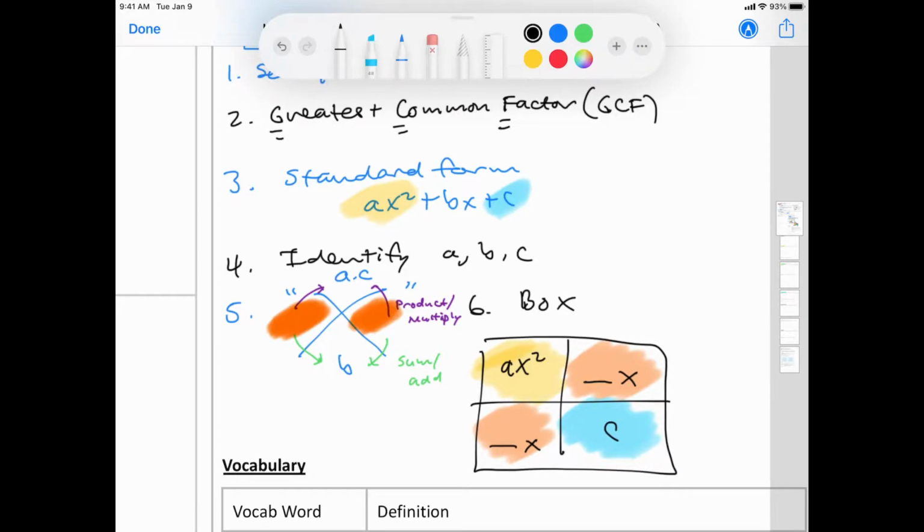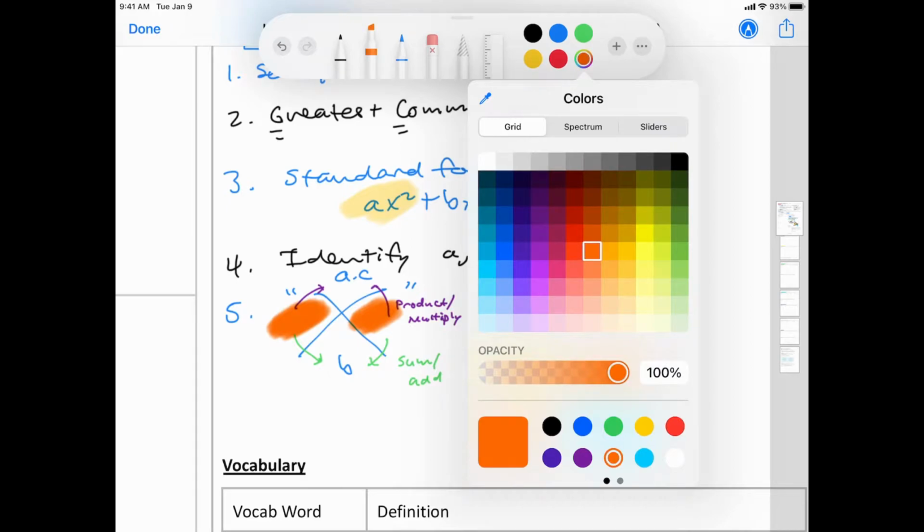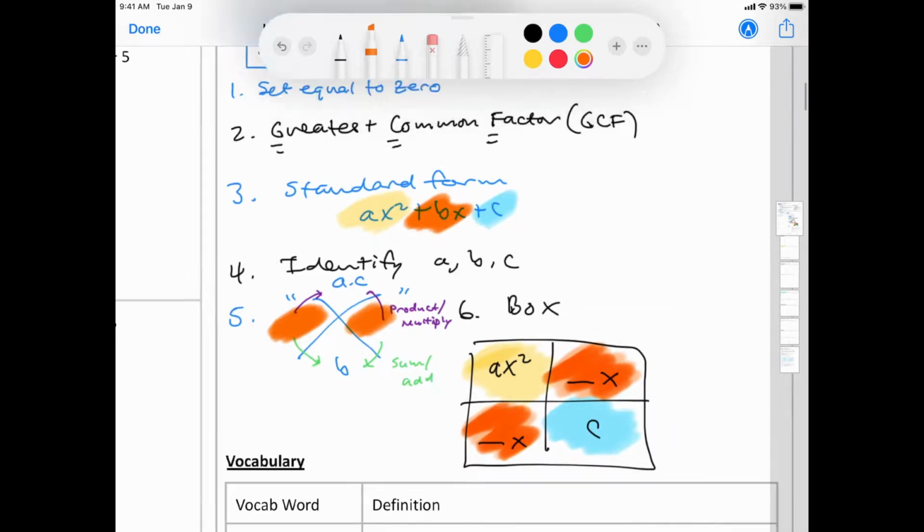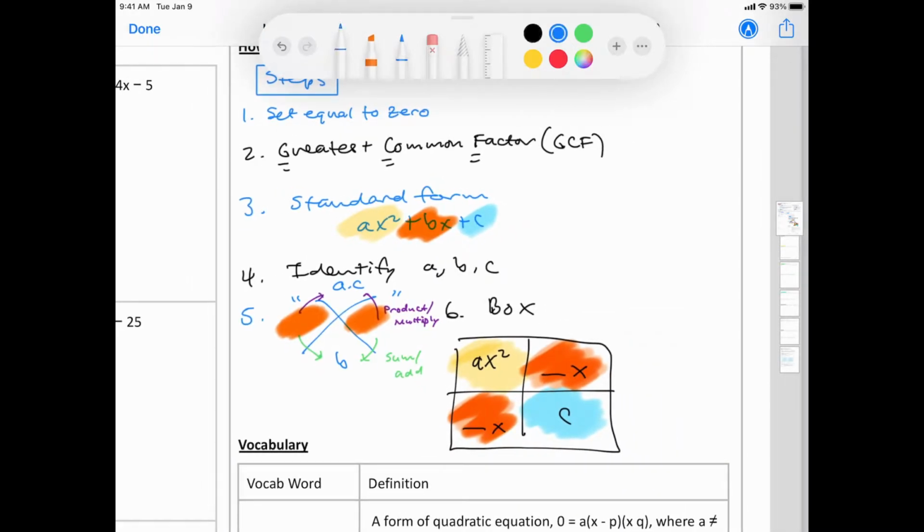So if you go back to standard form, basically what you're doing there is you're taking these and putting them in here, and that's how you're going to fill out your box. And then number 7, binomials.